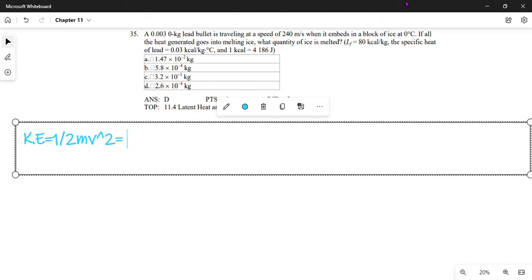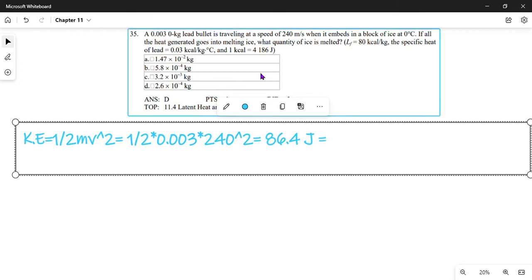M here is 0.003 times 240 to the power 2. All this equals 86.4 joule.